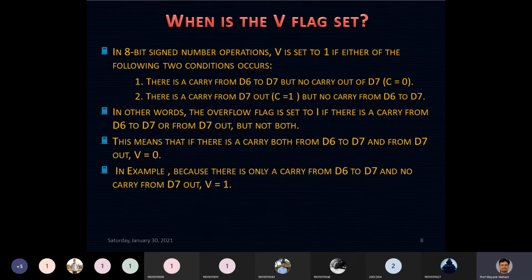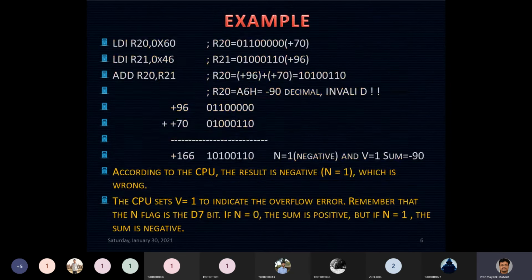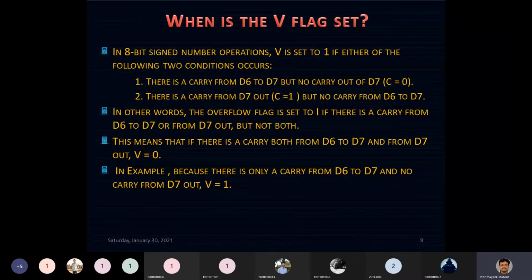The first condition we have already discussed: the carry propagates from D6 to D7, but the carry does not propagate from D7 to C. Over here you can see that the carry is not propagating into the carry flag, but a carry is propagating from D6 to D7.